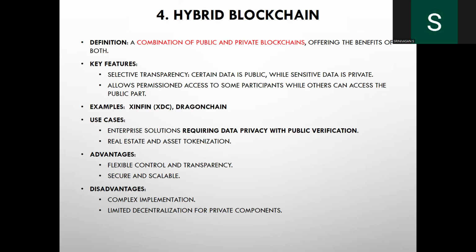The popular examples for the hybrid blockchains are Giant Pine and Dragonchain. We use these kinds of blockchains to secure data, particularly sensitive data, and we use it in real estate applications. The advantages are it is flexible and scalable.